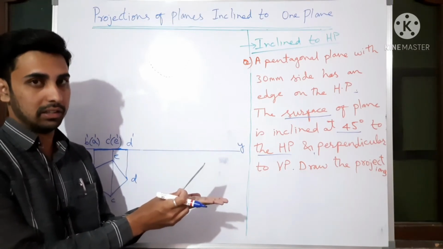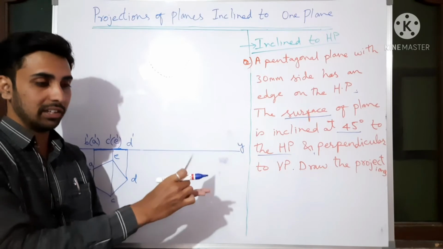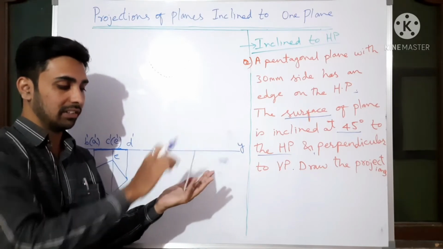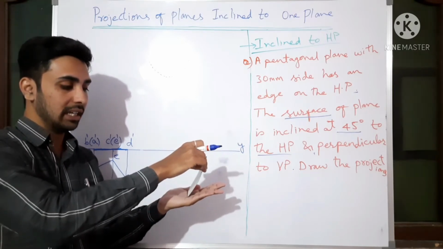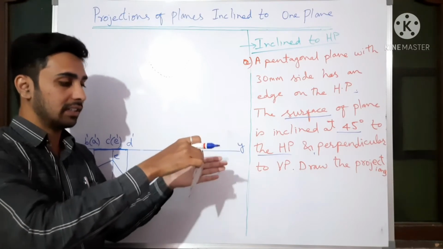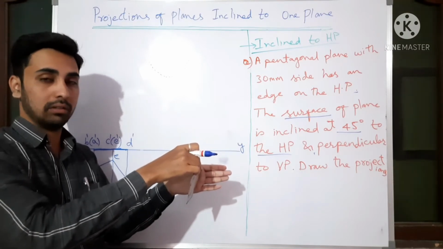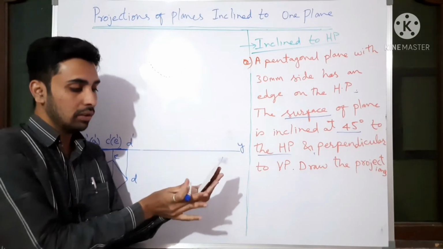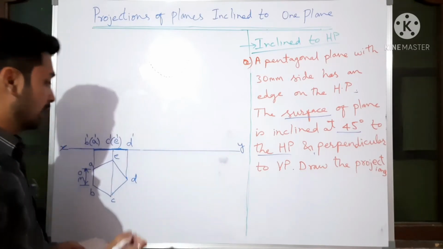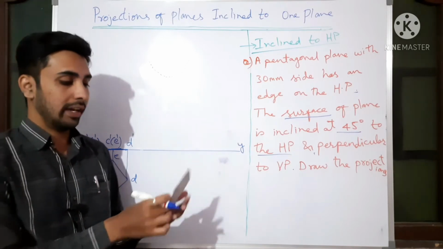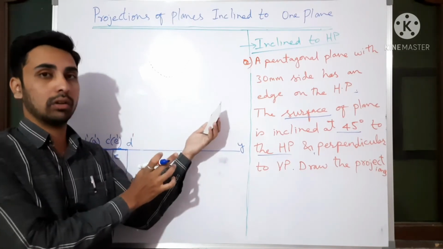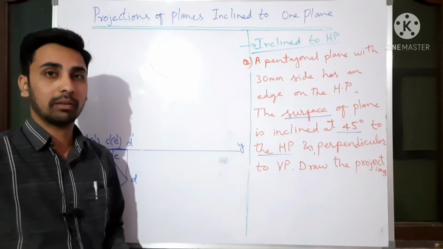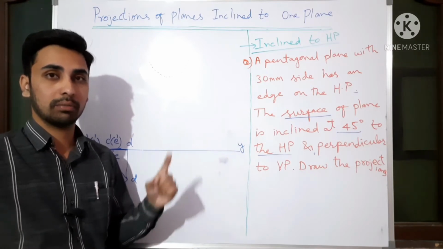This surface angle we will restore. Anyhow, this edge by which it is resting is not making any angle. Directly they have given surface only with respect to VP, that is perpendicular. Ultimately this edge with respect to VP is also perpendicular to VP. Okay, if you want to know edge parallel to HP, edge perpendicular to VP, how it will be, you can check my previous video in the description, in the I button.